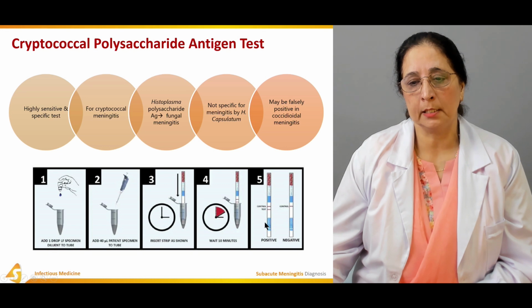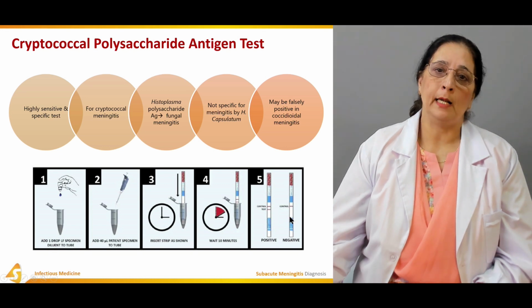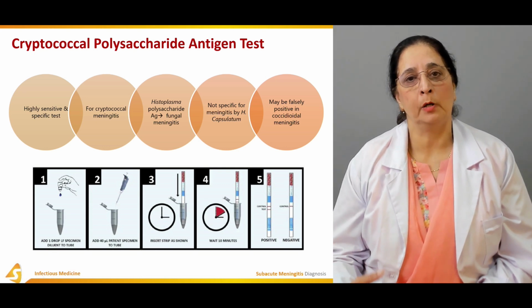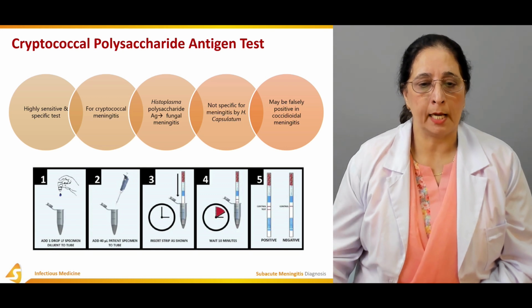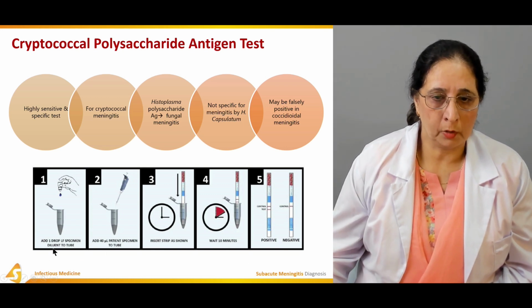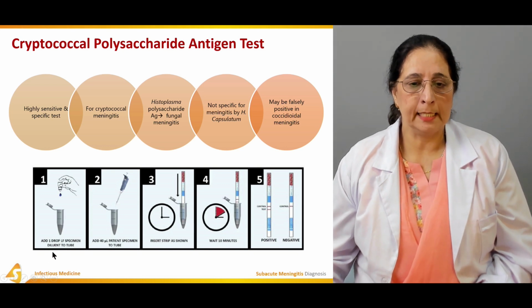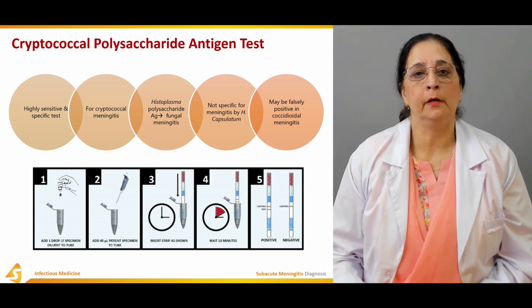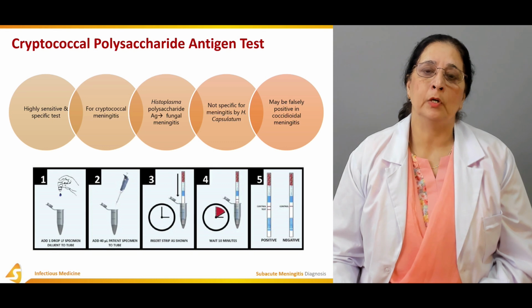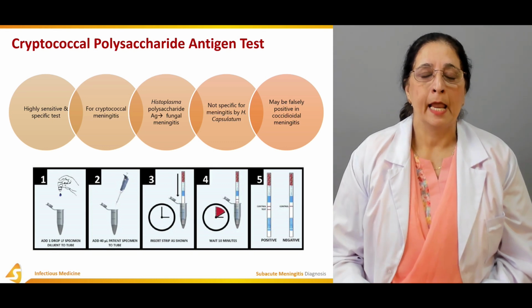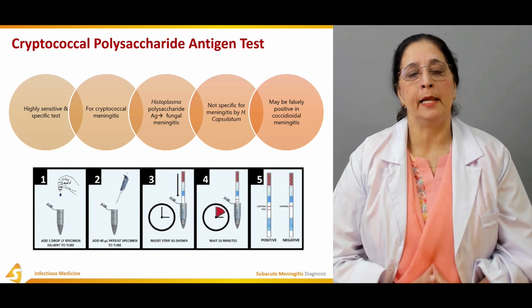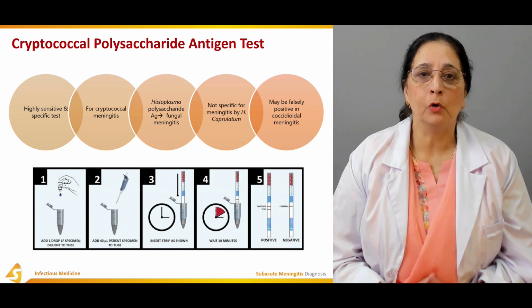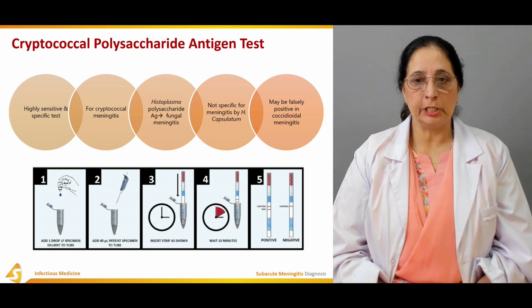After that, 2 lines is positive, 1 line is negative. So it's mostly the same test we can perform in the office, like a strep test or pregnancy test, in which we add 1 drop of specimen diluent to the tube, and then we add the specimen, and if 2 lines appear after 10 minutes it is positive, otherwise it's negative. And it is very highly sensitive and specific for cryptococcal meningitis. So it's called the cryptococcal polysaccharide antigen test.